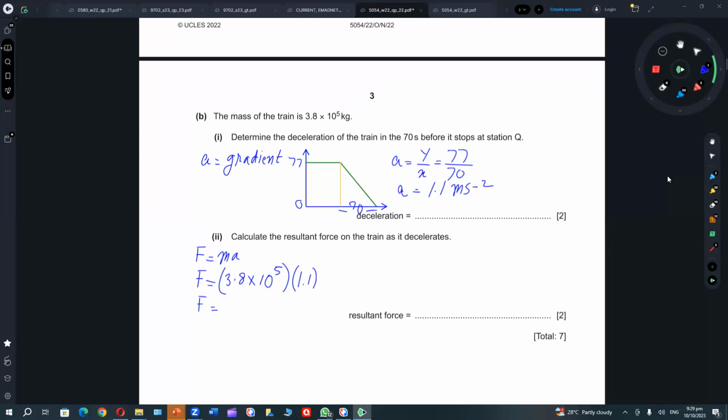But 1.1 is deceleration. He has used the word deceleration. So when the examiner uses the word deceleration, you're not supposed to put a negative sign. You just have to give the answer as a positive number.